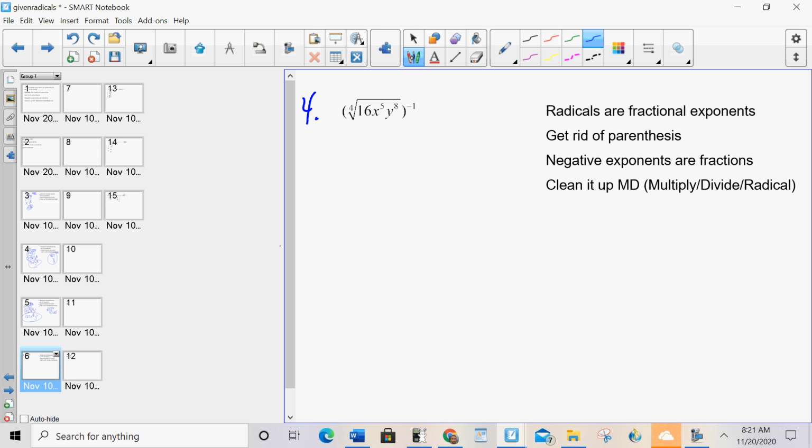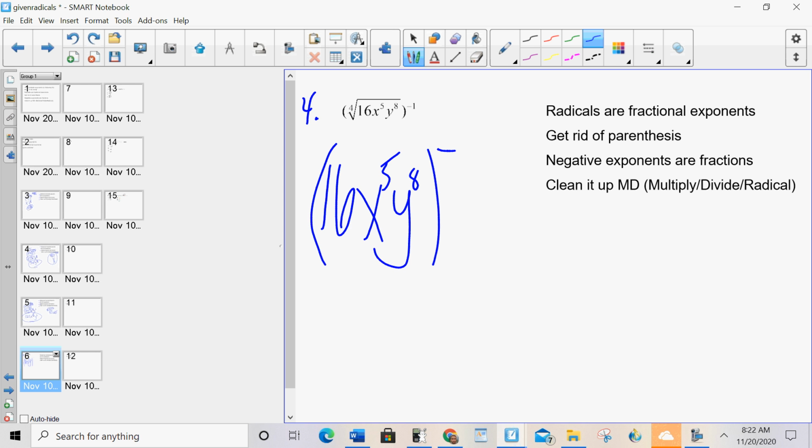I'm just going to give you 10 seconds to try and do that first step. Rewrite it as a fractional exponent. Power over the root. Get rid of parentheses. I want you to try that step on your own right now. I'll give you 30 seconds.